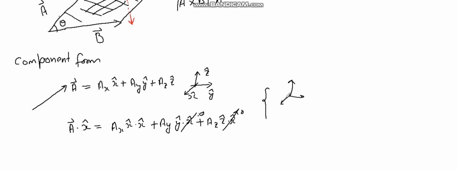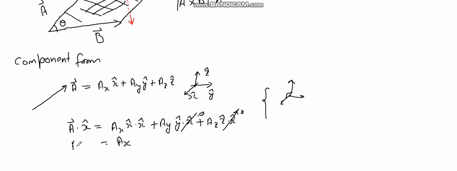The unit vectors x cap, y cap and z cap are orthogonal, and the dot product of two orthogonal vectors gives 0. So here we will have Ax.